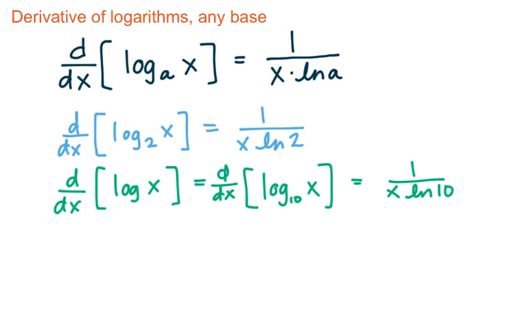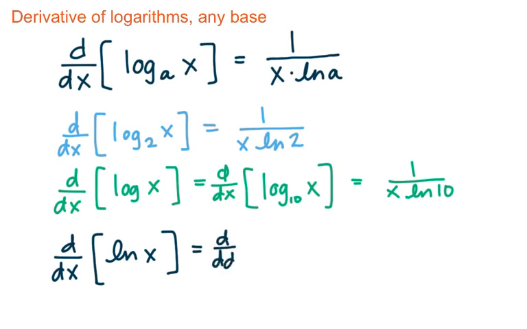Let's look at one other example, because we end up deriving something that we use quite a lot: d/dx of ln of x. ln is the natural log, and we want to remember that a natural log is base e.